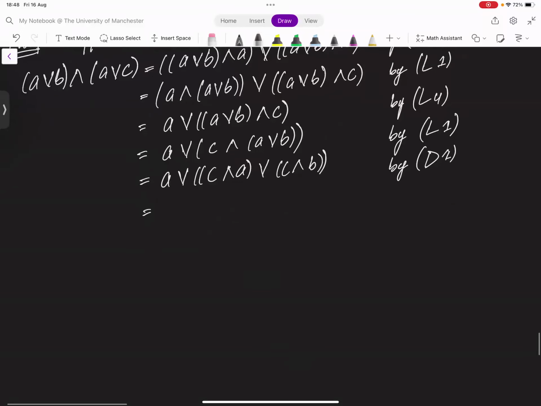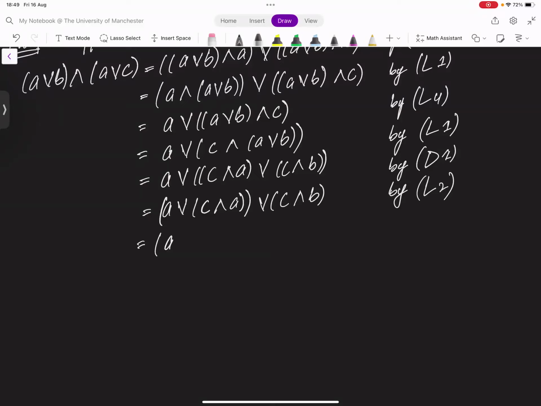And then we have A or C and A or C and B. And this is associativity, L2.